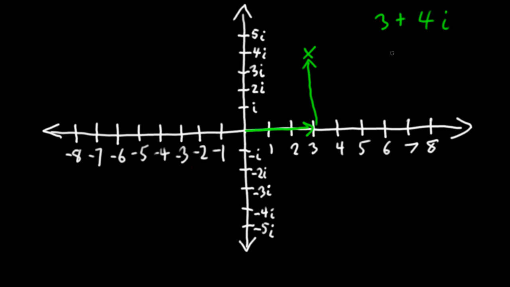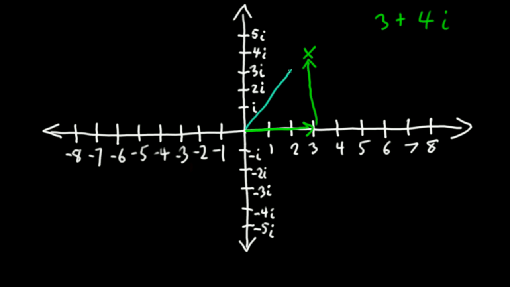Or you could represent that in Cartesian notation, (3, 4), but I recommend using the algebraic notation, 3 plus 4i. And that's called a rectangular coordinate because we're describing that point in the complex plane by its horizontal and vertical components.